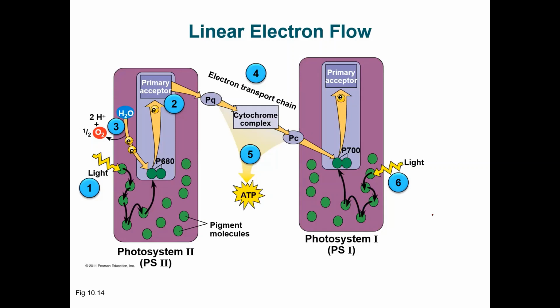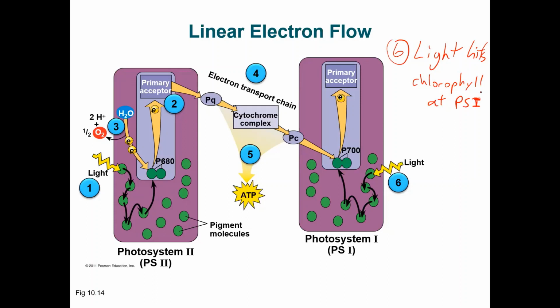So you can see number 6, I'll write that down. Number 6 is light hitting chlorophyll at photosystem 1. I'll use a Roman numeral so it's easy to tell that's a 1.